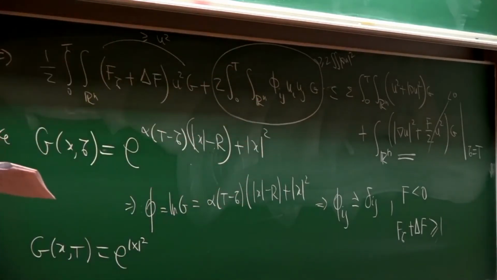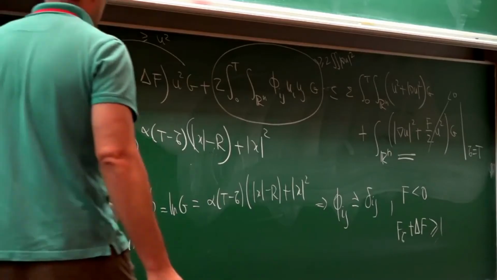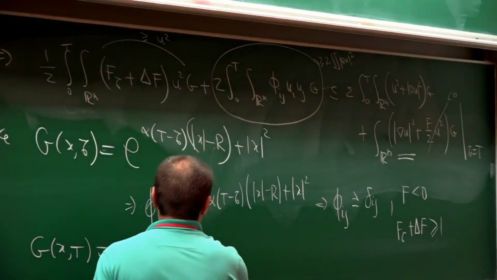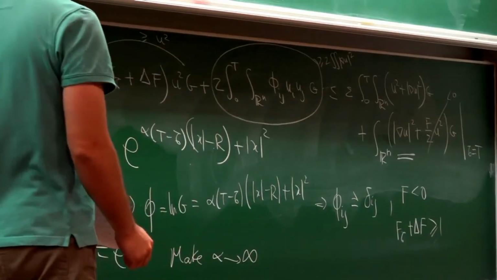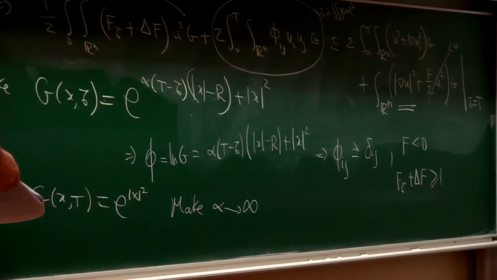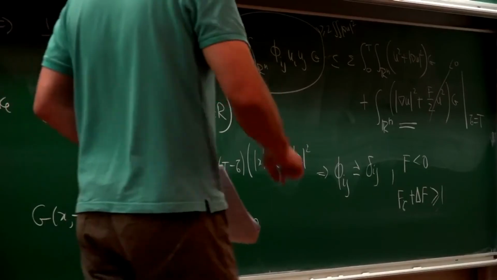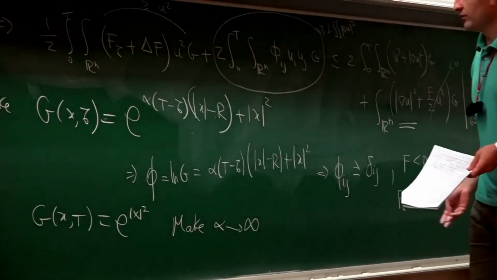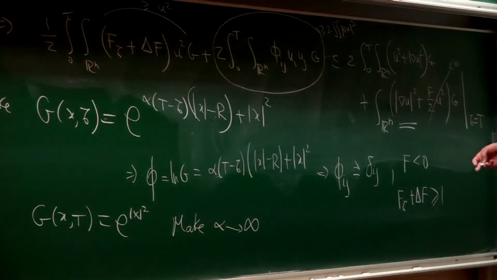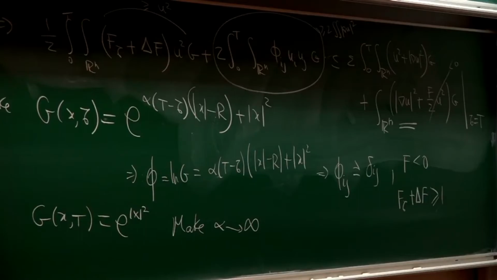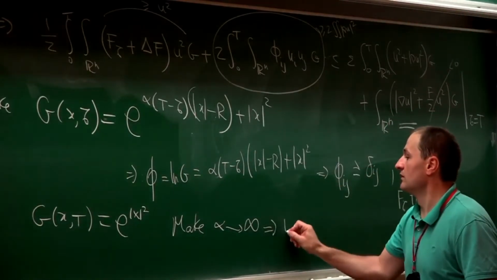It is true for any alpha, right? So then you make alpha go to infinity. So that if you make alpha go to infinity, this thing is positive. It will go to infinity for any earlier time. So you do get that u and gradient u and everything must be 0.